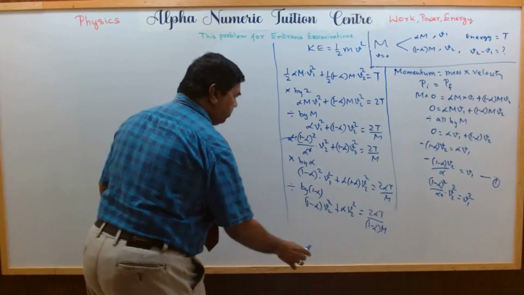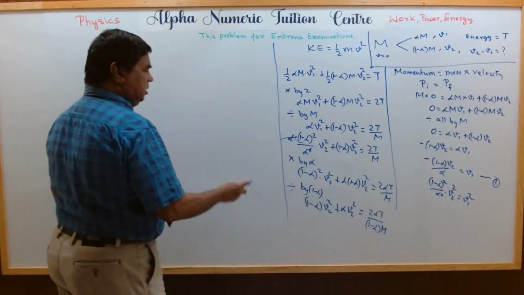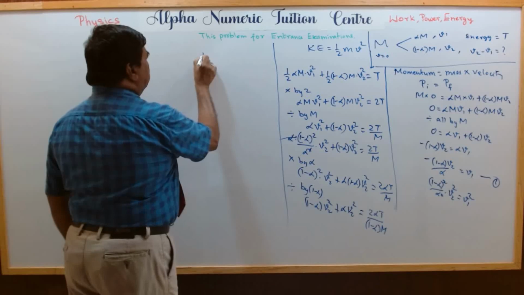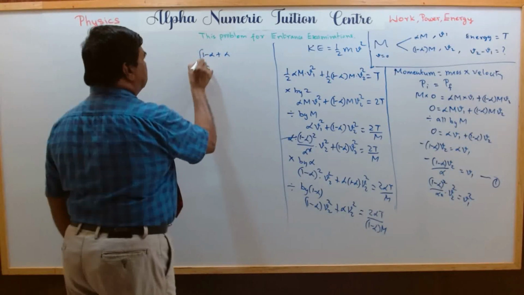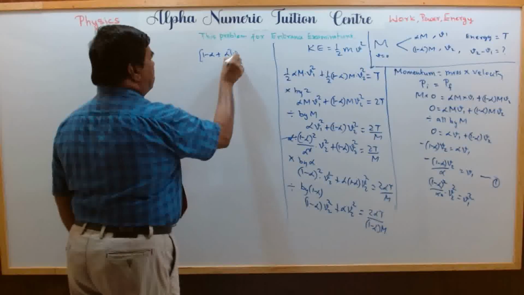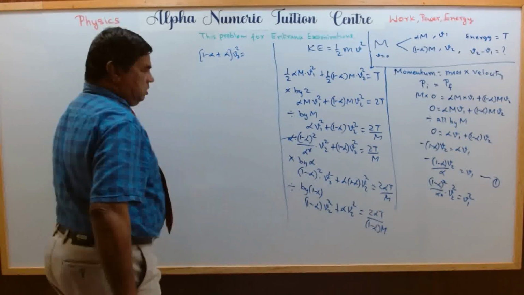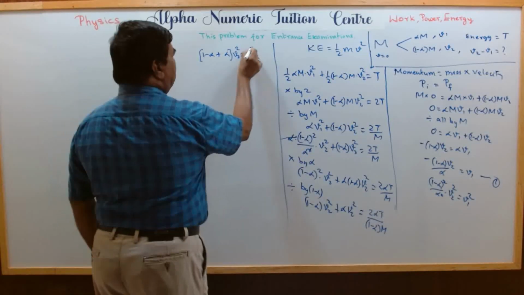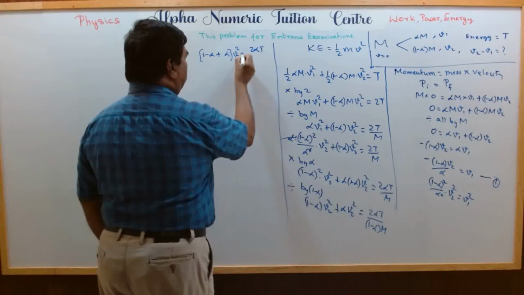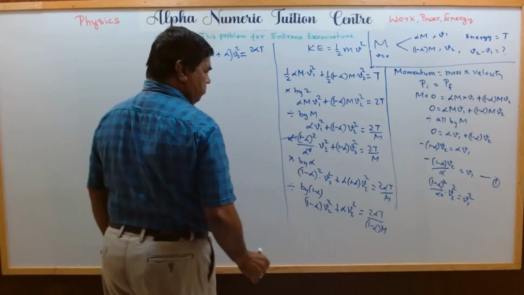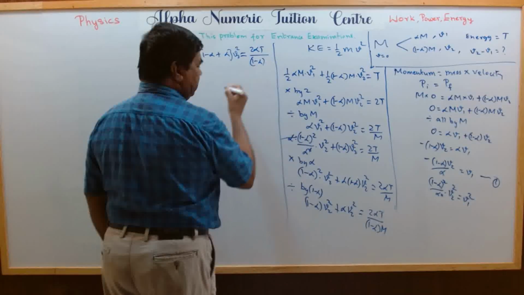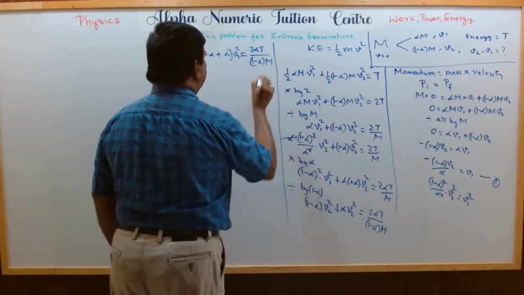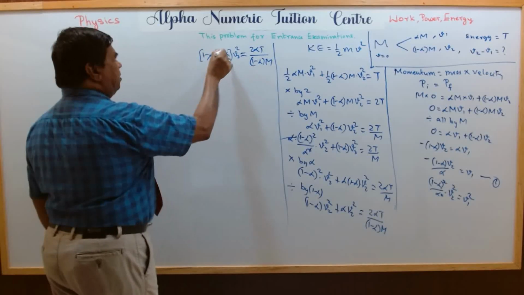Now take v2 squared as common. So (1 minus alpha plus alpha) into v2 squared will be 2 alpha t by (1 minus alpha) into m.